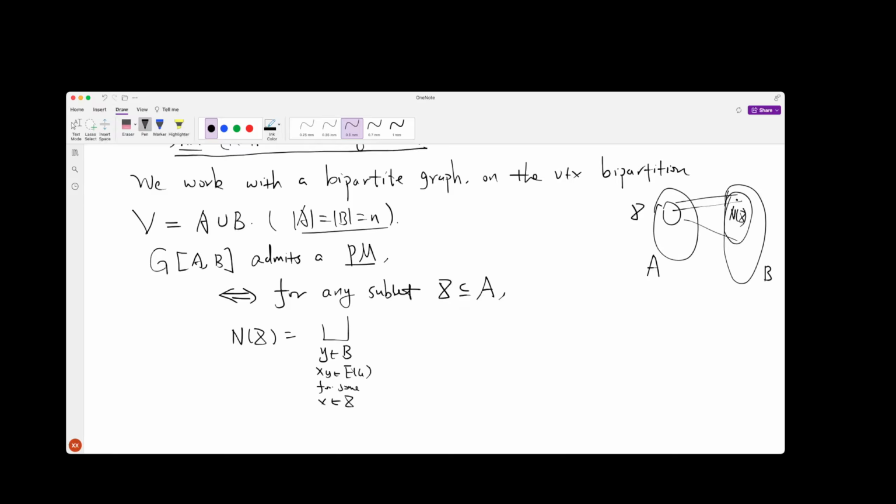We call it the neighbor of X, meaning the union of the neighbors of each vertex of X.